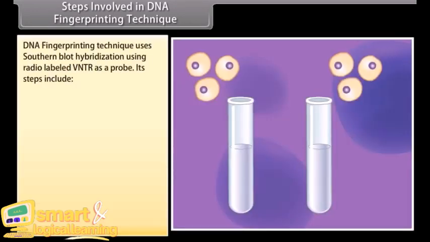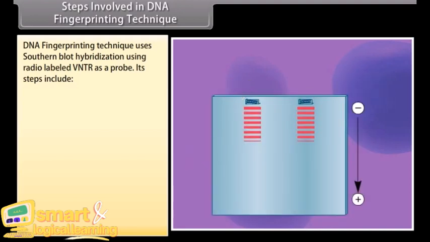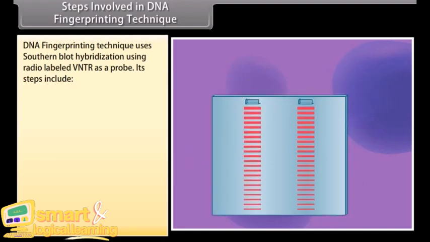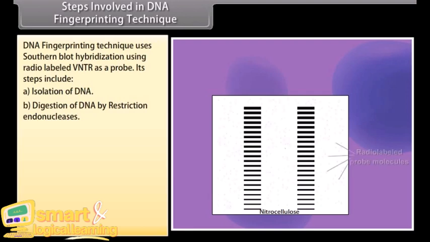Steps involved in DNA fingerprinting technique. The technique uses Southern blot hybridization using radio-labeled VNTR as a probe. Its steps include: A. Isolation of DNA. B. Digestion of DNA by restriction endonucleases.